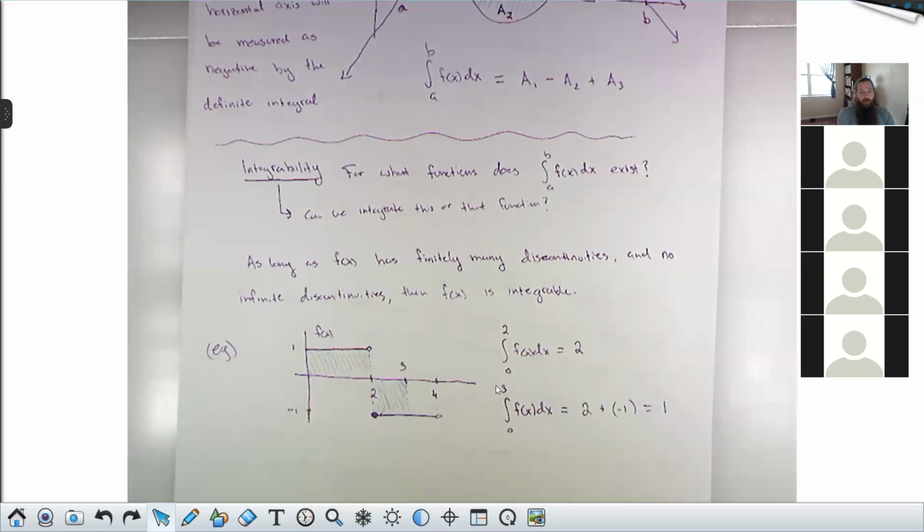Well, I'm choosing to look at the integral from 0 to 3. So I'm looking at all of this area. I'm looking at everything from 0 all the way up to 3, which means I'm looking at this stuff plus this stuff. This stuff is positive. This stuff is negative.